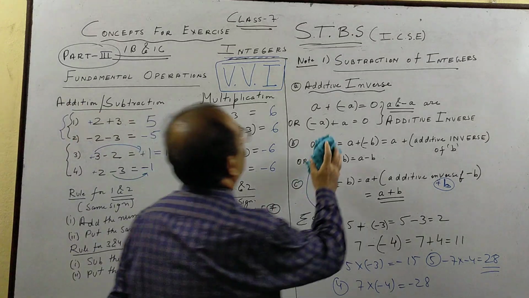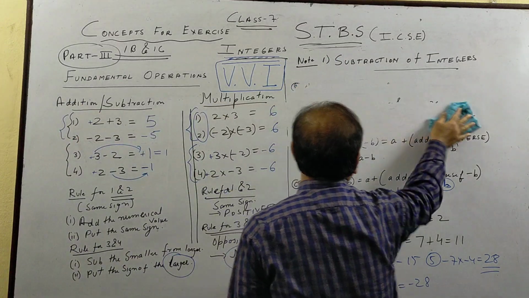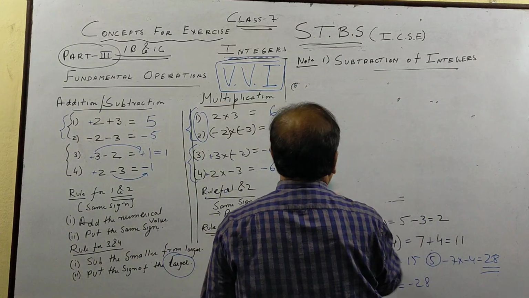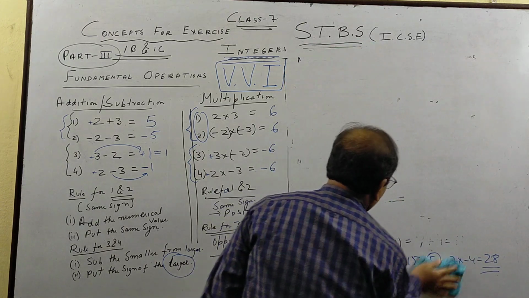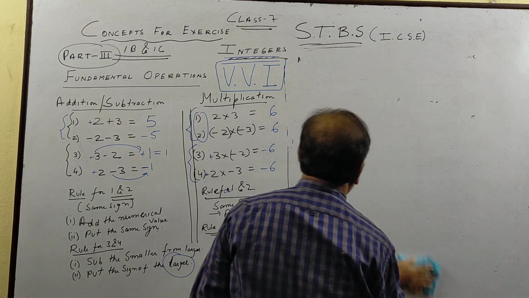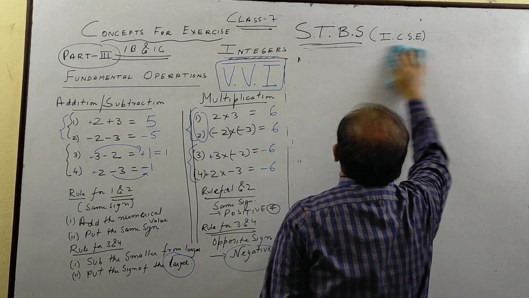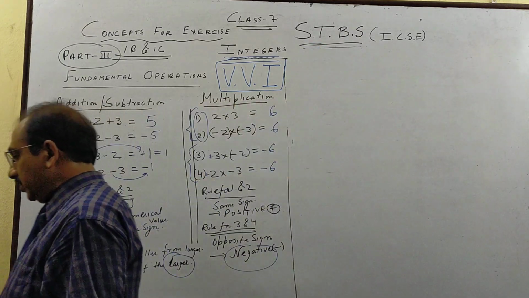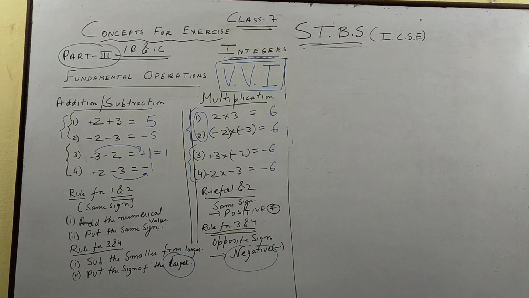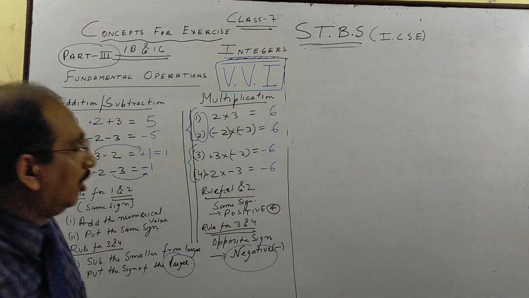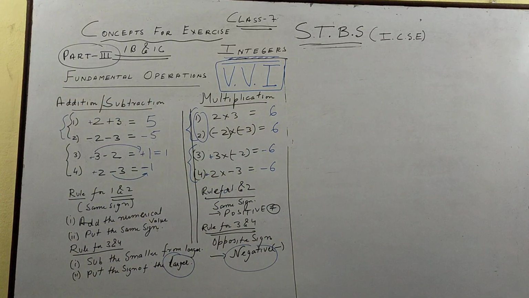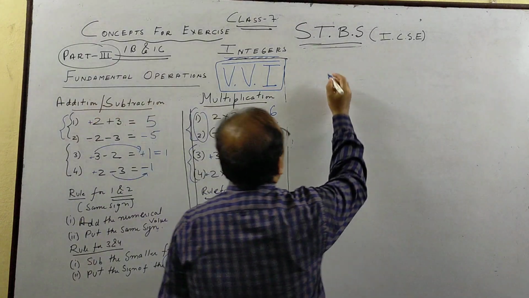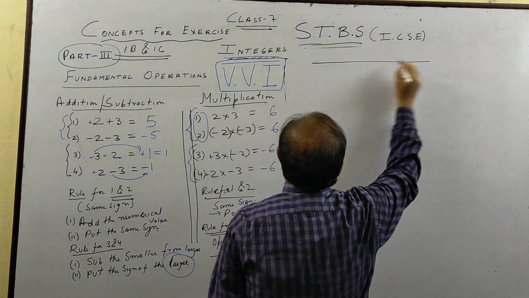Next I move on to your multiplication, and I'll give you a table for multiplication and division. So here is the table for multiplication and division. You draw a square.